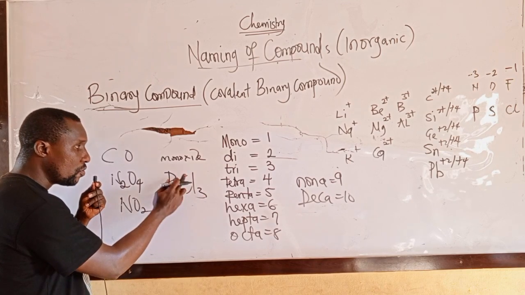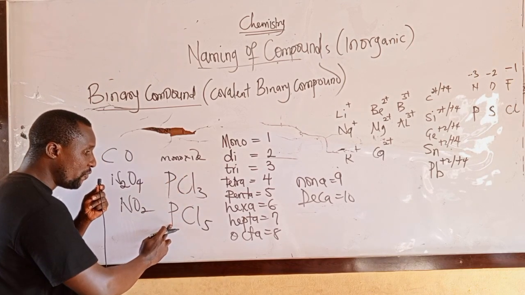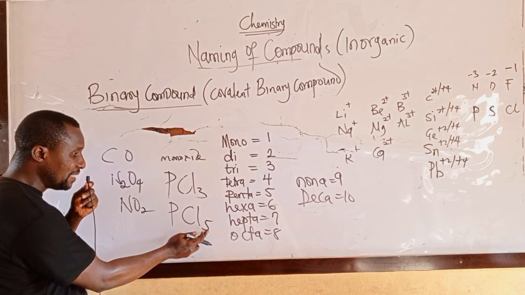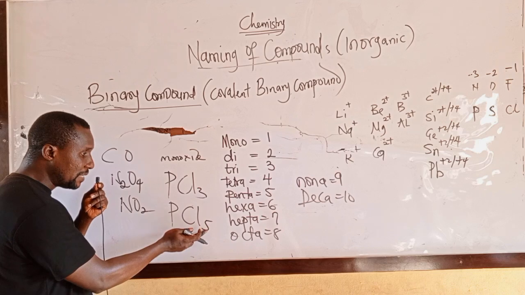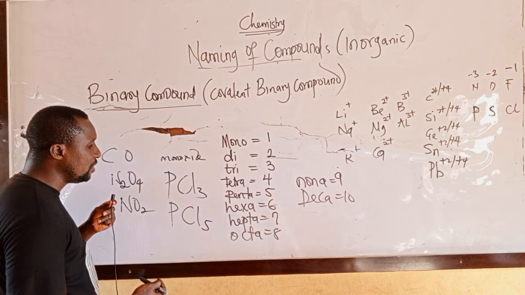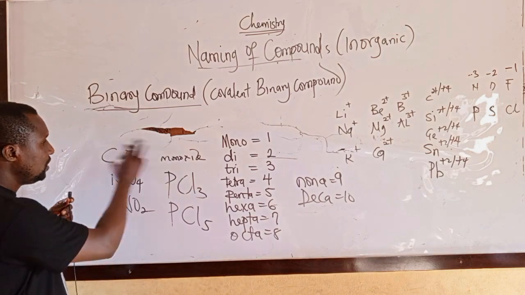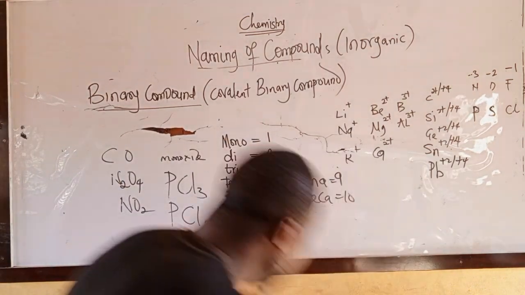And this one is phosphorus pentachloride. But there's a way we can get the oxidation number of this element. Let us move.